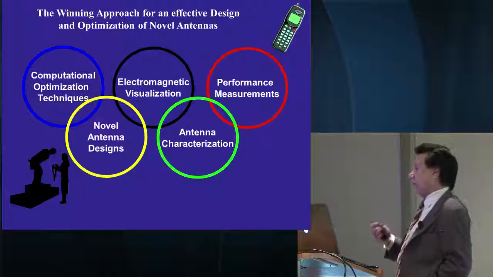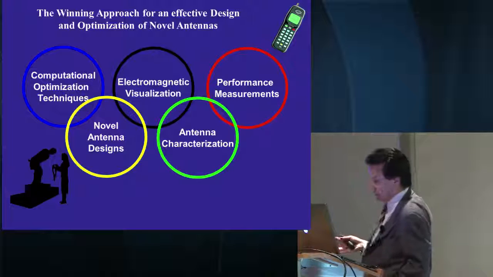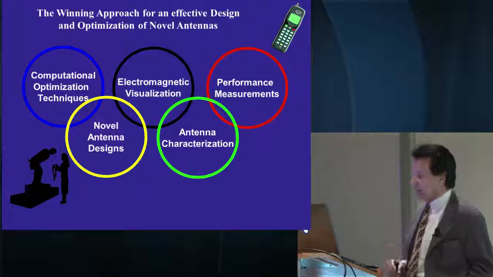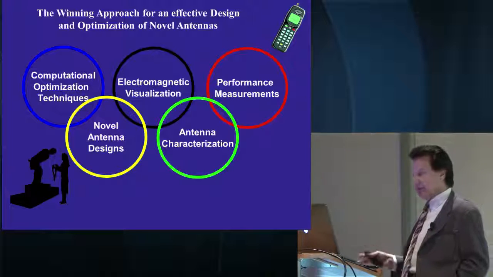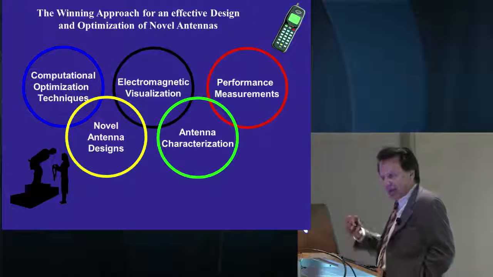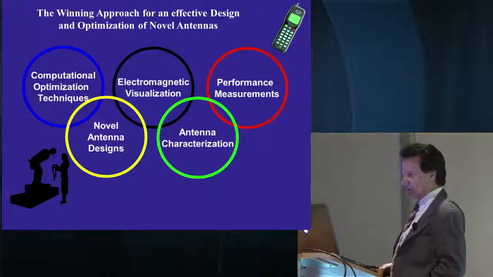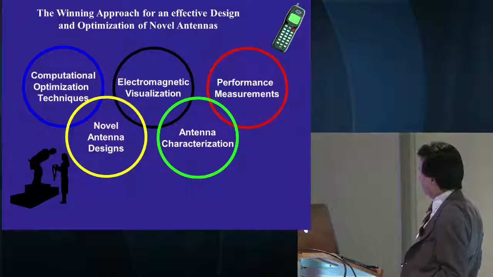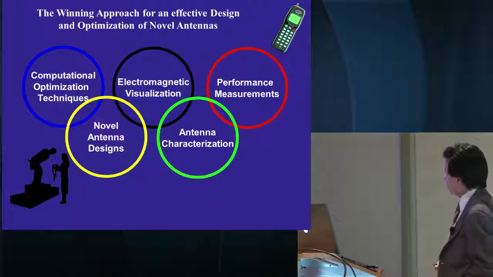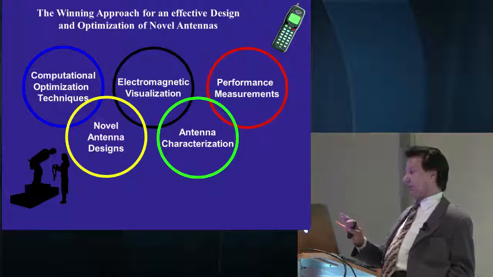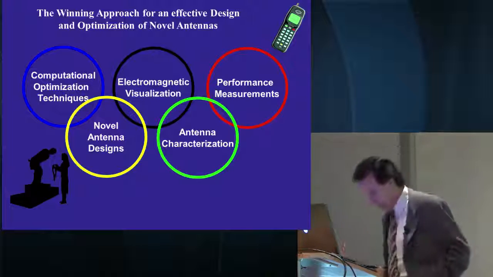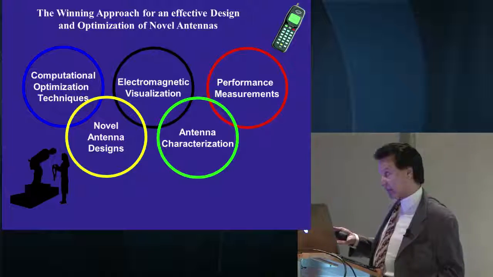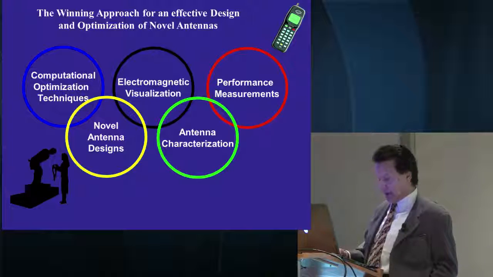It is not just you run your numerical techniques, but with the visualization, you can get a lot more physics of how this current runs on different pieces of antennas, how the field behaves near the antennas, and what the interaction with the environment is and so forth. Performance measurement, very sophisticated measurement techniques, novel antenna design, and antenna characterization. So these are 5 Olympic rings. If you have them in your capabilities, it allows you to develop novel and out-of-the-box type designs that we are going to talk about a little bit more.